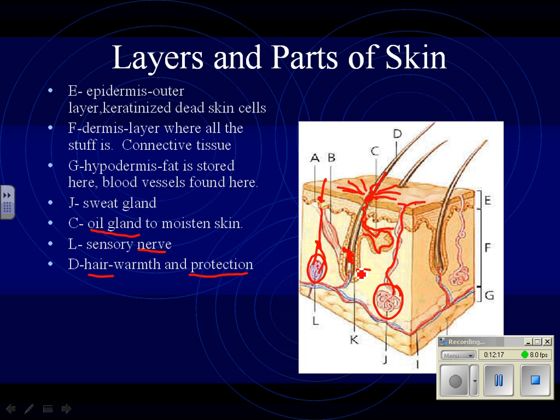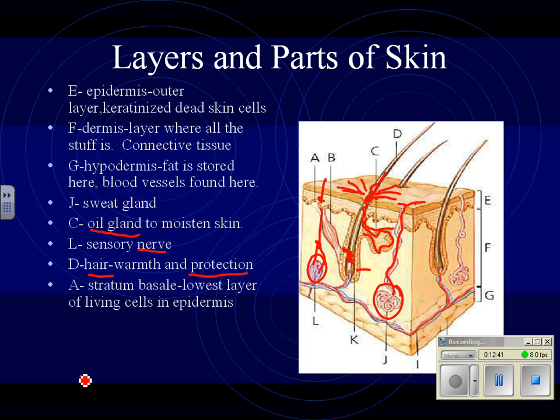So if an insect is crawling across your arm and it's wiggling one of those hairs, you feel it. You just take one hair in your head and wiggle it, you can feel that. Not if you have really long hair, it has to actually wiggle by the root. But you can feel very, very light touch because of the nerve with the hair.